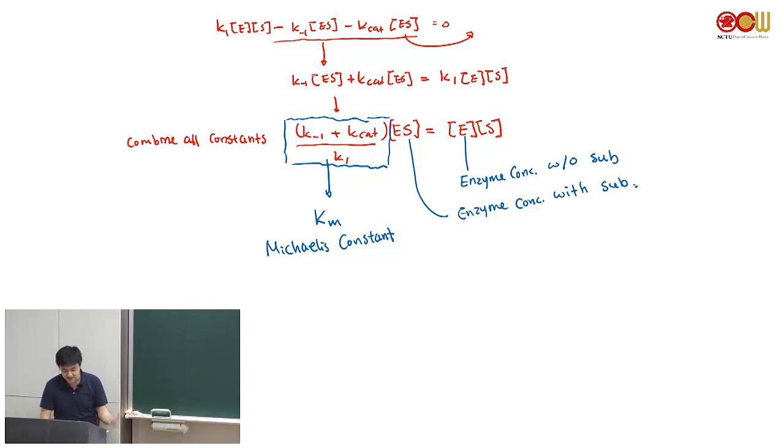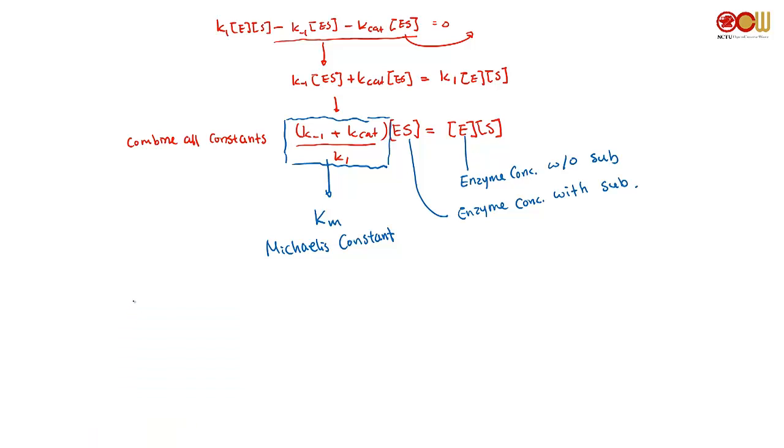So what do we say? Because in experiments, it's hard to get information on individual E and ES concentration.